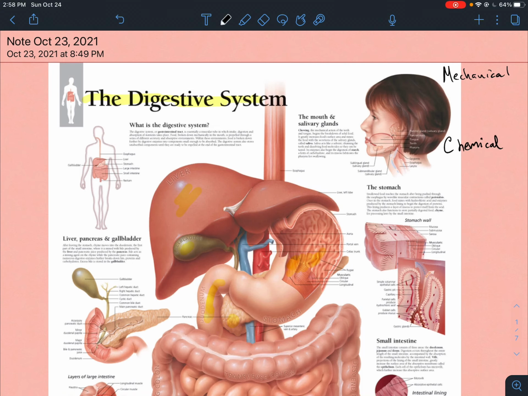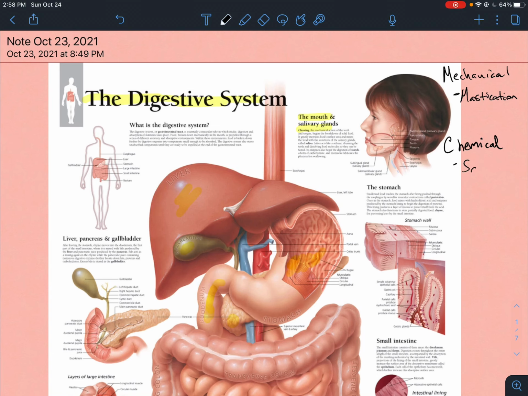So if we take, for example, the location where digestion begins, the mouth, we have mastication, which is chewing, as our mechanical type of digestion. And we have digestive enzymes through saliva as our chemical type of digestion.